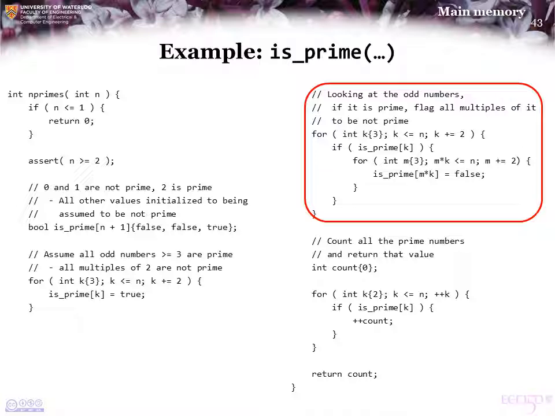I do not have to flag all even multiples of a number as being not prime because I've already set all even entries to be false. Once this loop finishes, all prime numbers will still have their entry in this array flagged as true, and all composite numbers will have their entry in this array flagged as false.